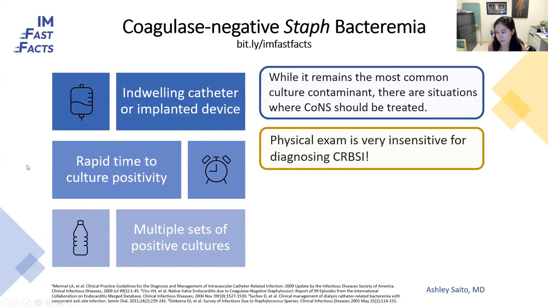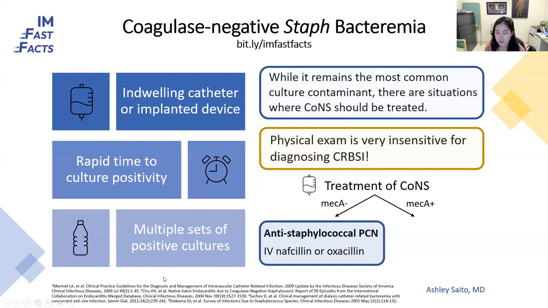Remember also that the physical exam is very insensitive for diagnosing bloodstream infections. So the absence of erythema, absence of purulence at the line should not reassure you that they don't have a line infection. And treatment of coag-negative staph hinges on whether it's methicillin sensitive or resistant. So if sensitive, choose an anti-staphylococcal penicillin. If resistant, choose vancomycin.